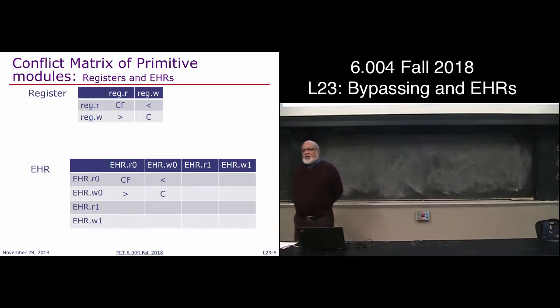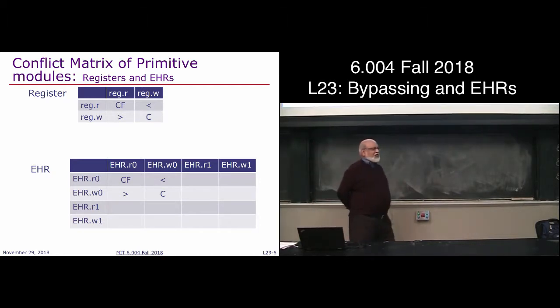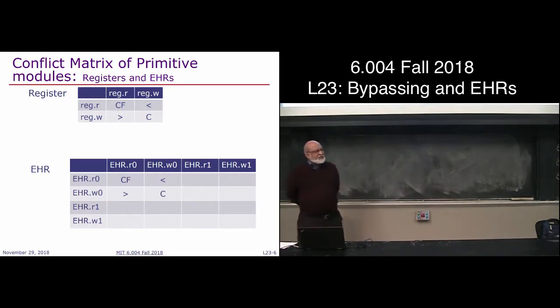So I filled out the part which is just like the register. If you're just focusing on W0s and R0s, it's just like the old stuff. Now tell me, what should go into EHR.R1, if you are writing something at that point?